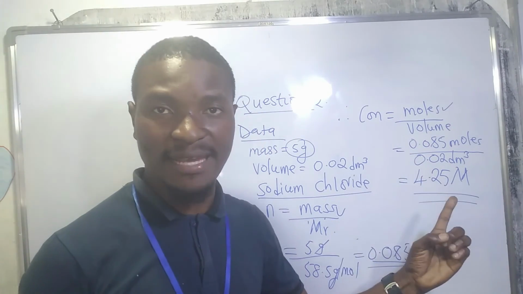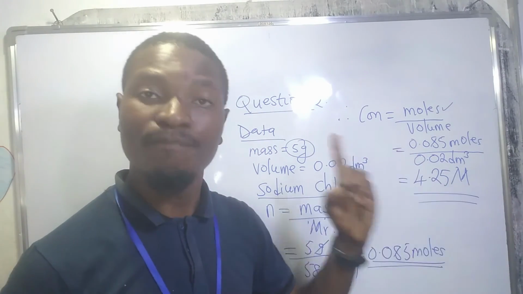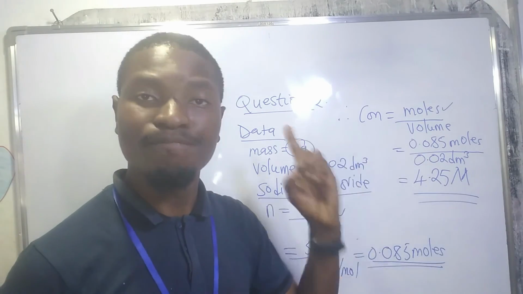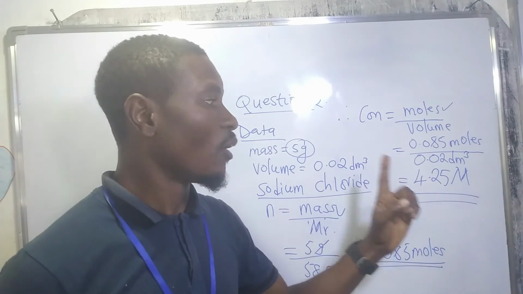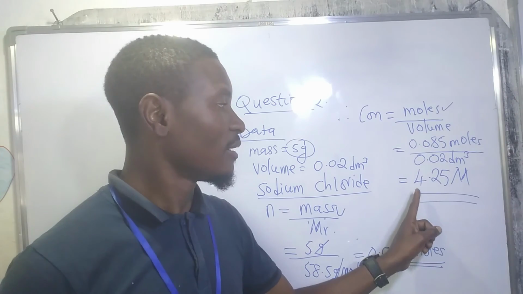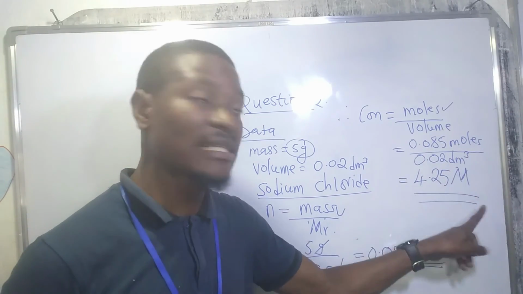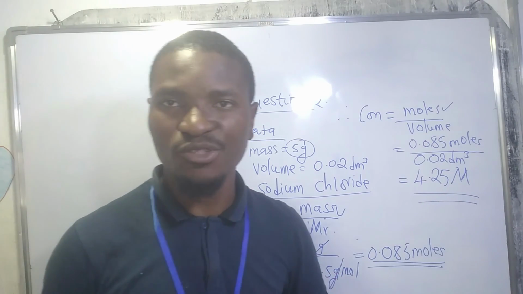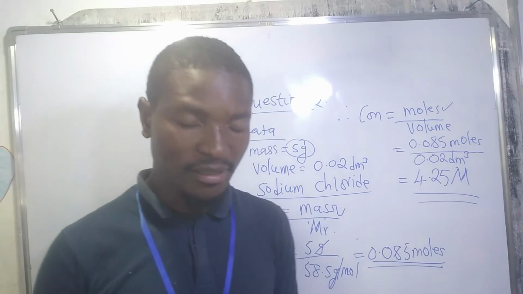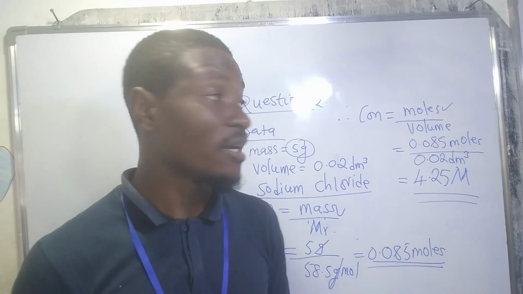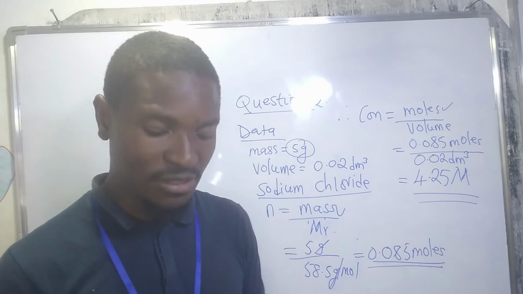The answer you get becomes molarity. In other words, after you punch everything, you get 4.25, you write capital M. That's all you have to do, and that's how you can answer question 2 in terms of moles per cubic decimeter.